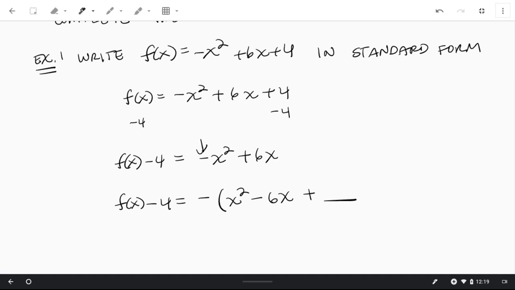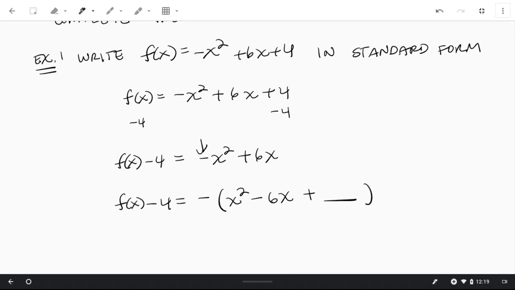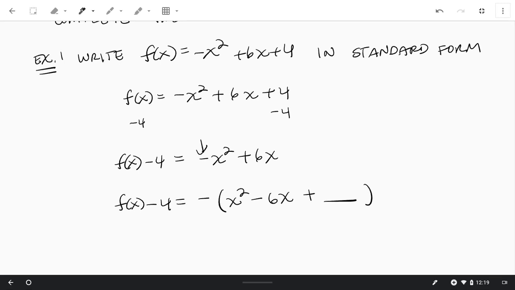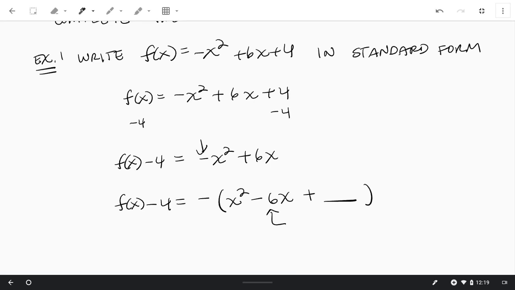Okay, so those of you guys who remember how to complete the square, the way you find this third term is by taking half of this b value. Okay, so that's our b value, and dividing by 2 and squaring it.